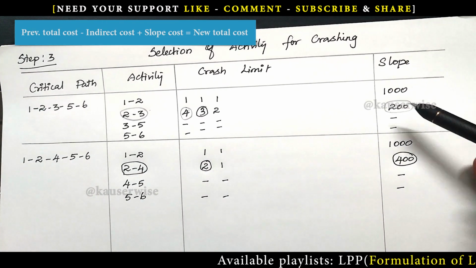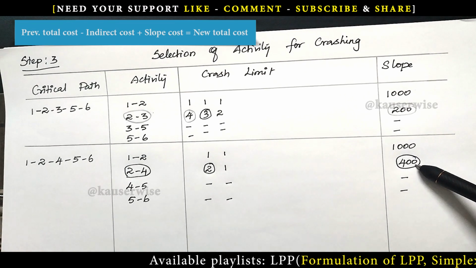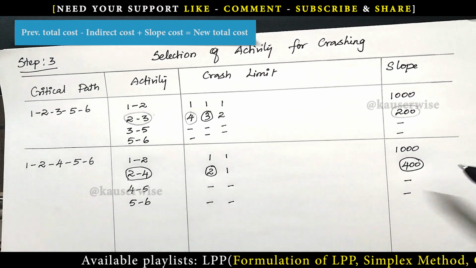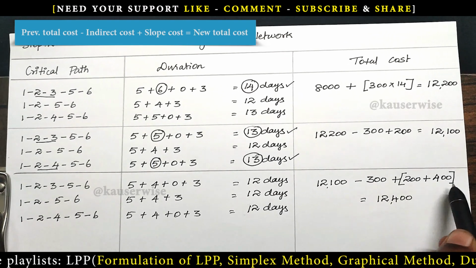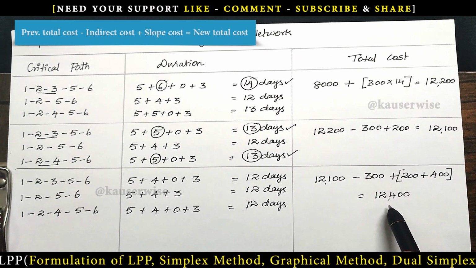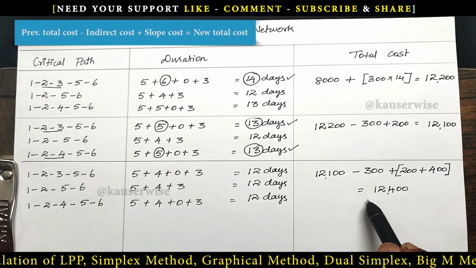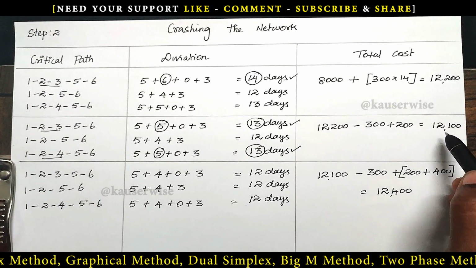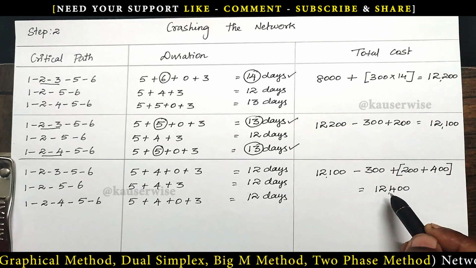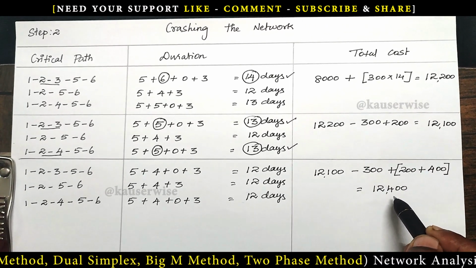The extra cost will be 200 plus 400, total 600. So 12,100 minus 300 plus 600 is equal to 12,400. See, the total cost starts increasing, because the previous total cost was 12,100. Now it has increased up to 12,400.